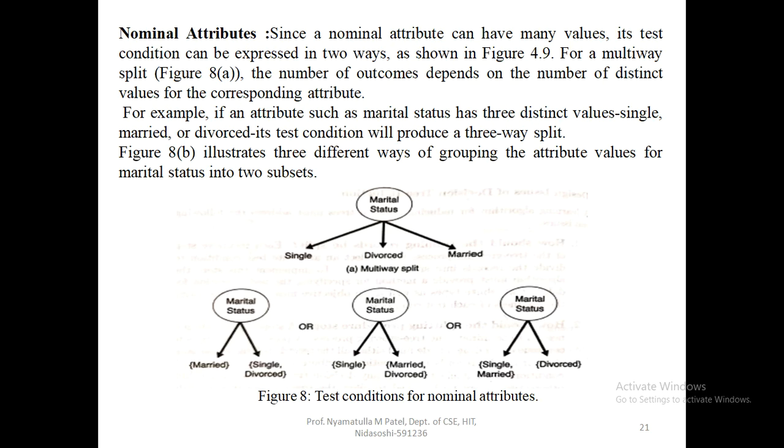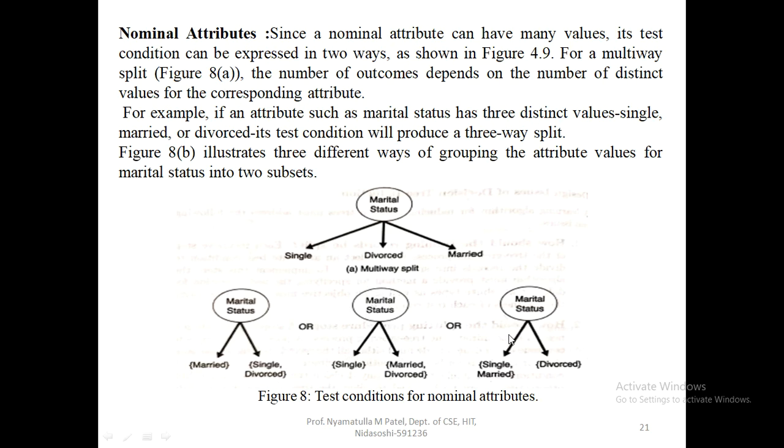For example, if an attribute such as marital status has three distinct values, a person may be single, divorced, or married. So, this is a multi-way split, figure 8.b. So, now in this case what?